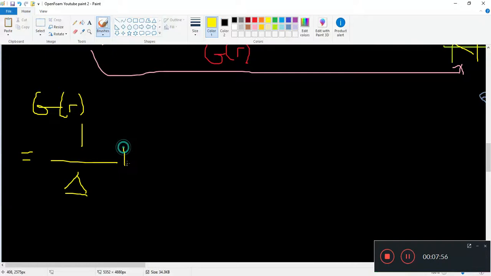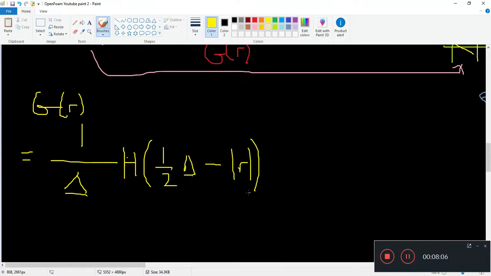G of R equals 1 over delta times H of half delta minus the modulus of R. So what is this saying? This delta is actually some sort of the box width.